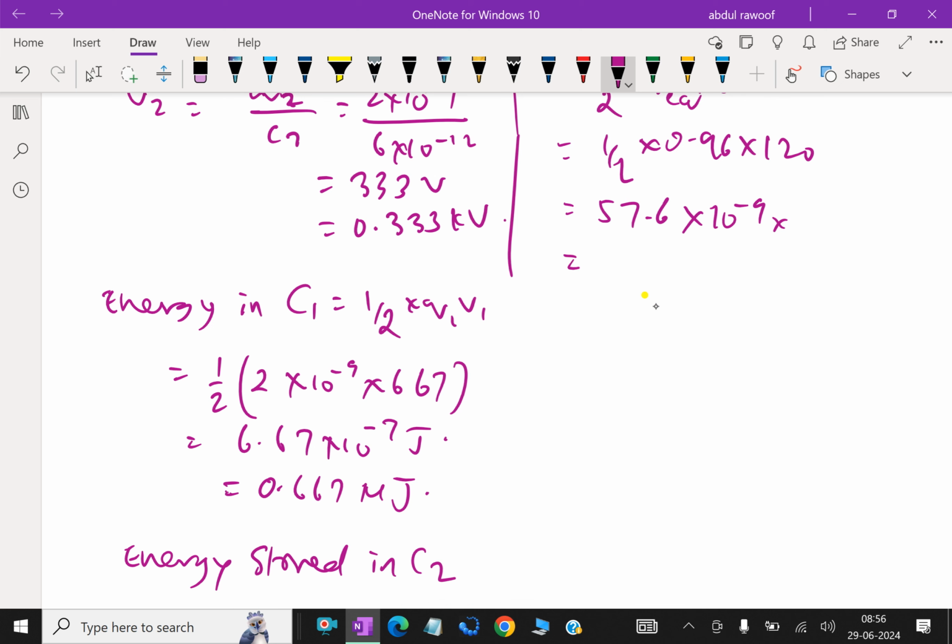Directly we can find this as nanojoules, 57.6 nanojoules.